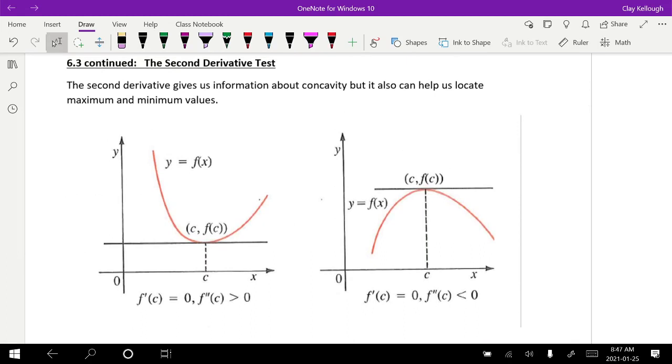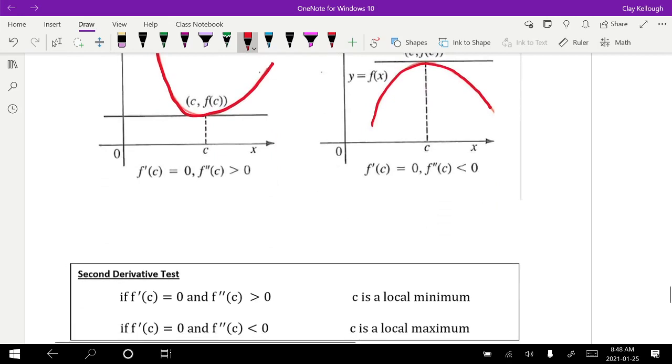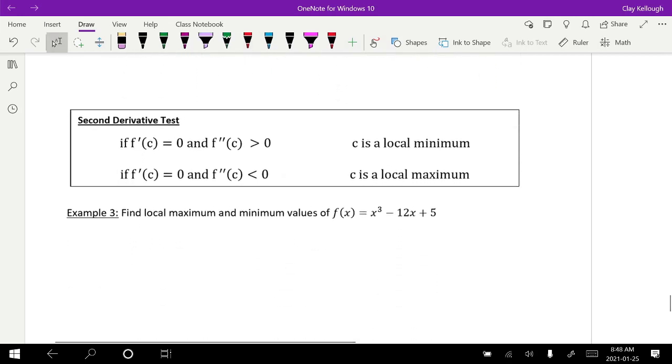Because think about it, if something is concave up, it's a smile, it must have a minimum somewhere, right? If something is concave down, it's a frown, it must have a maximum somewhere. So the second derivative test can actually help us find local maximums and local minimums too.